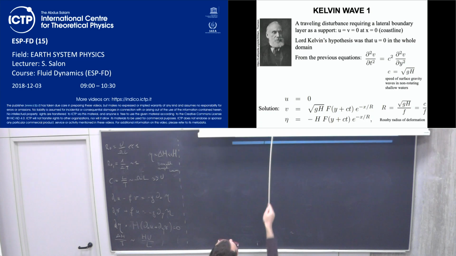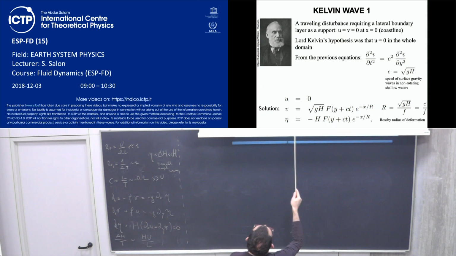Kelvin wave was hypothesized by Lord Kelvin, and he said, okay, if I have this system here, one thing that I can require is that I have a lateral boundary as support, where at x equal to 0, I have that my velocity is equal to 0.